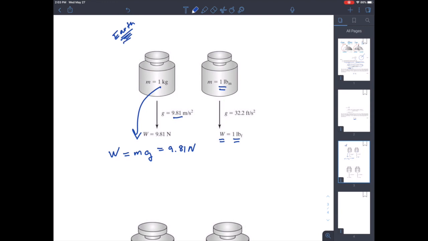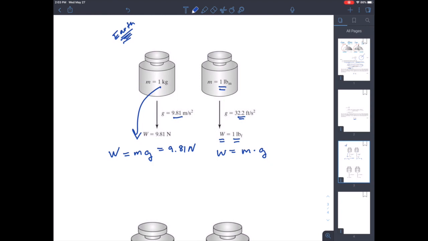If that's the case, then we take a look at this formula, weight is equal to mass times gravity, and we realize, wow, if I plug this 32.2 in and the mass is 1 pound mass, then I'm going to get the wrong answer. I'm going to get 32.2 pound force.